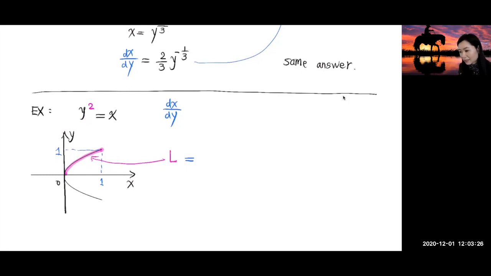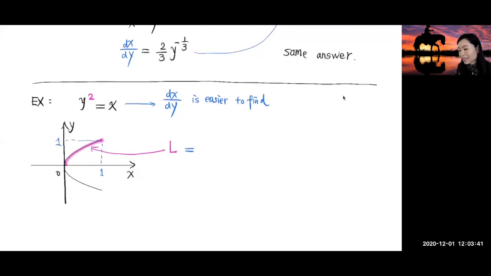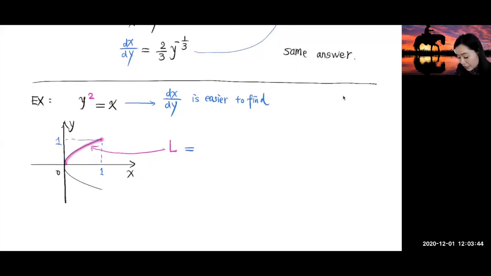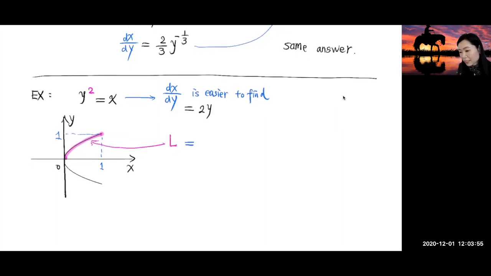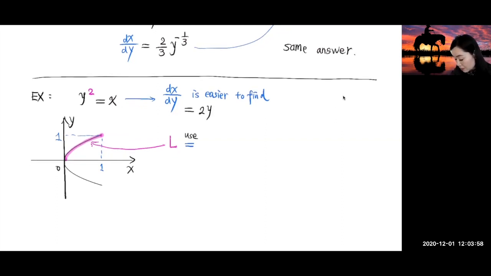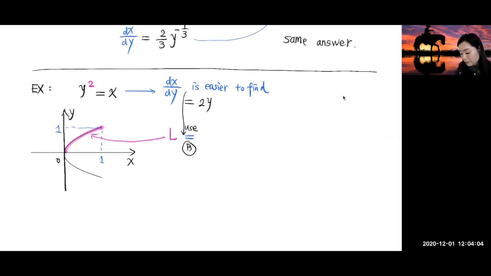So we want to use dx/dy. dx/dy over here is equal to 2y. It's just easy to find. So we're going to use B because of that. It's easy to find, and therefore we use this.